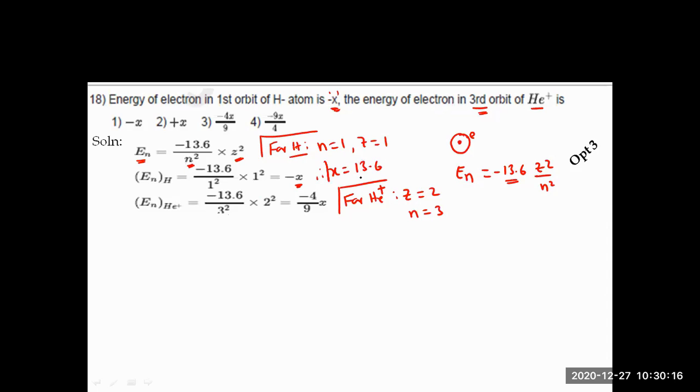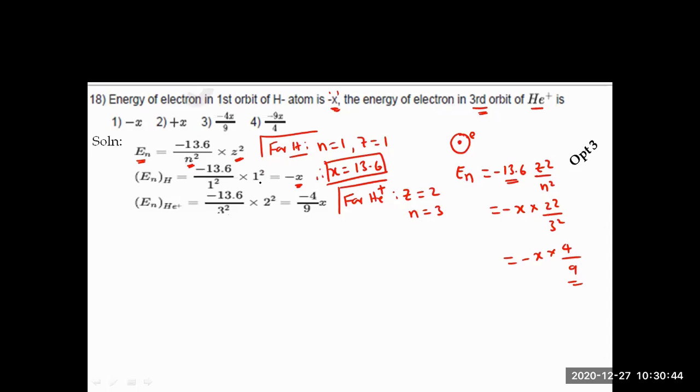Are you understanding? And now what is the general expression for any other element? En is equal to minus 13.6 into z square divided by n square, energy. What is 13.6? We found it as x. For helium, what is z? 2 square. They have given third orbit means 3 square. So it's nothing but minus x into 4 divided by 9.